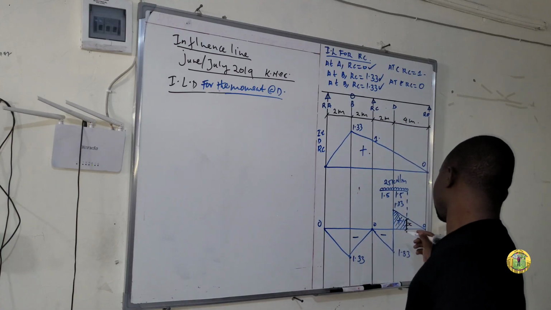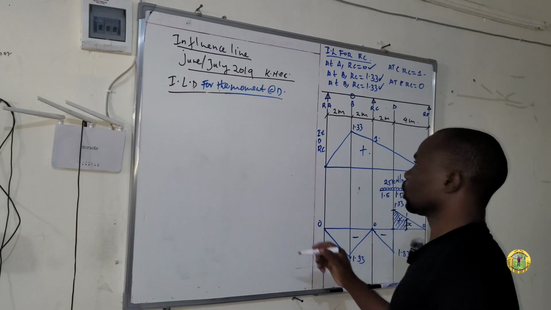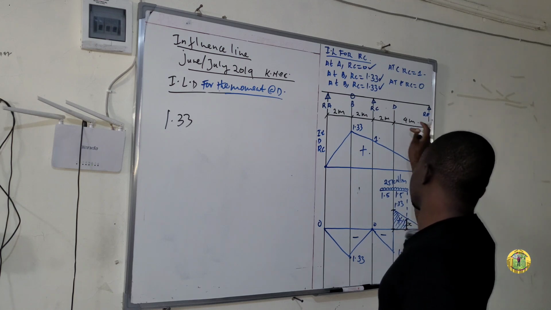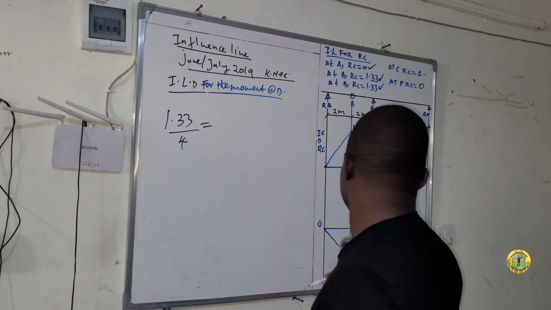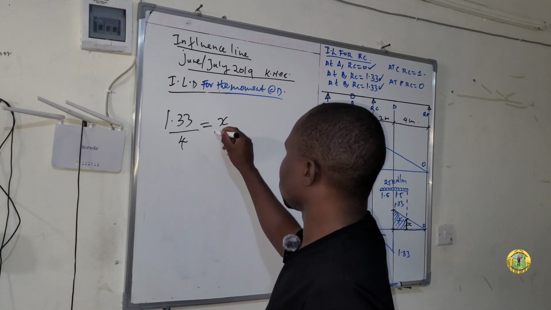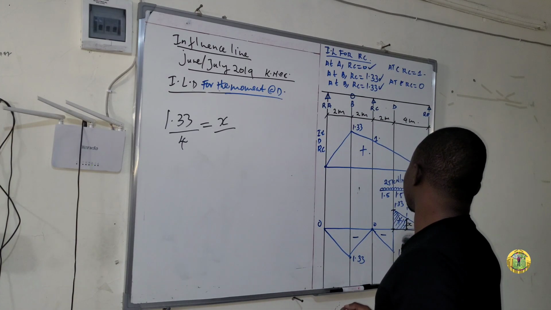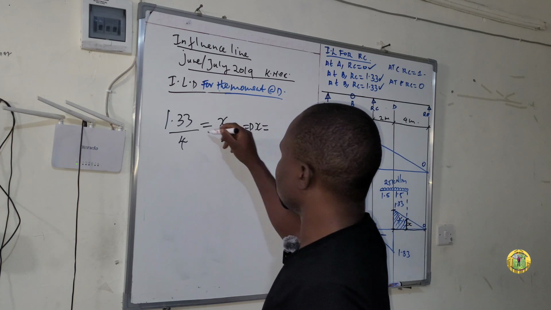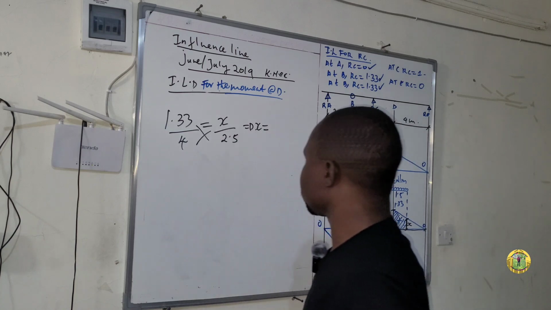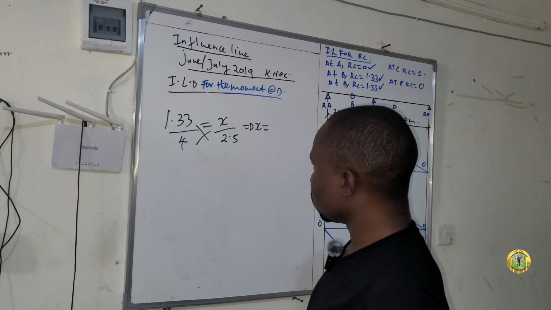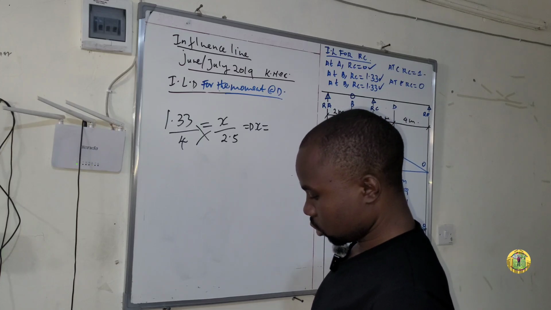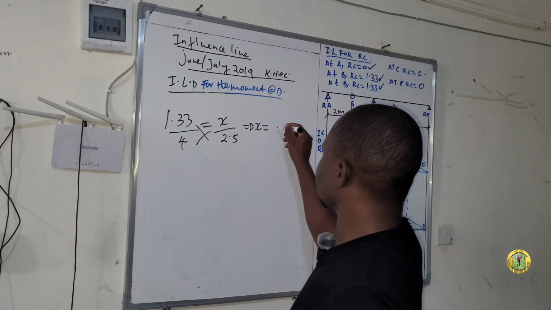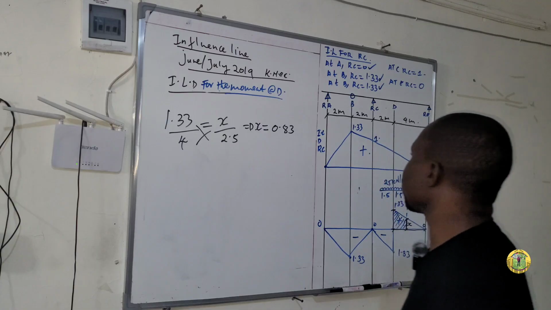If we use similar triangles, we compare this distance 1.33 all over this one, which is 4, is equal to x all over 4 minus 1.5, which is 2.5, which implies x is equal to, you cross multiply, 1.33 times 2.5 divided by 4, which is 0.83.